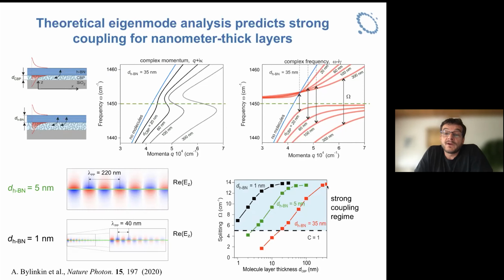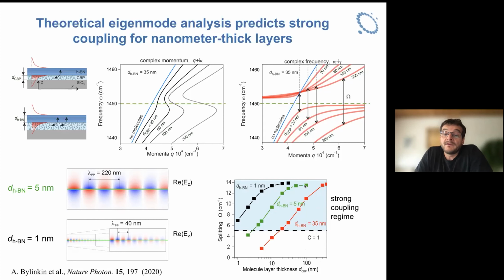Now we can calculate the mode splitting as a function of the molecular layer thickness. Let me start with an hBN layer that has 35 nanometers. In this case, we can reduce the thickness of the molecular layer down to 20 nanometers, such that we stay in the strong coupling regime. So we cannot go down to really thin molecular layers.